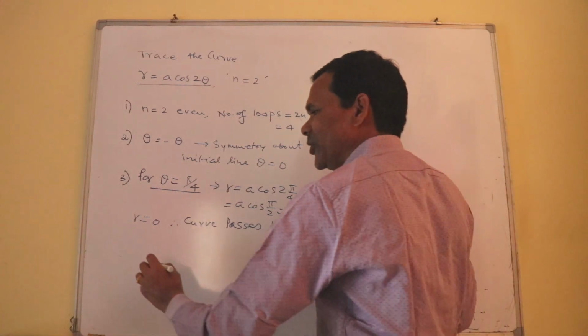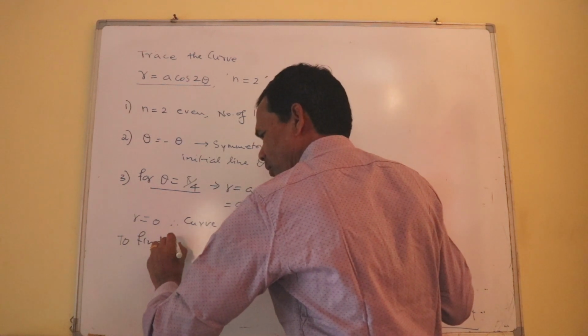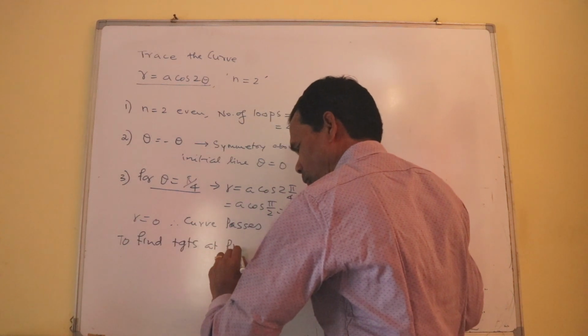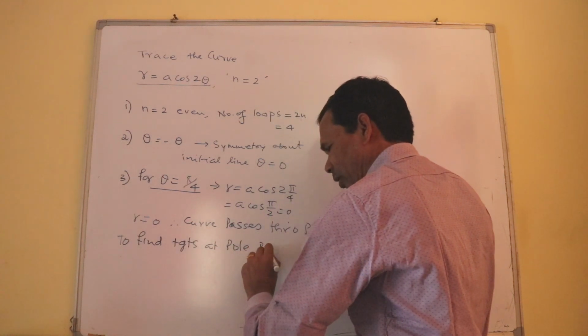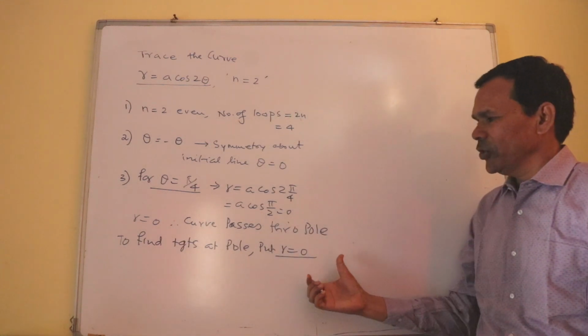Now to find tangents at the pole, put r is equal to 0 in the equation of the curve. That is our procedure.